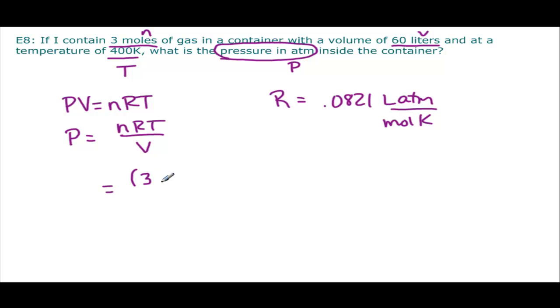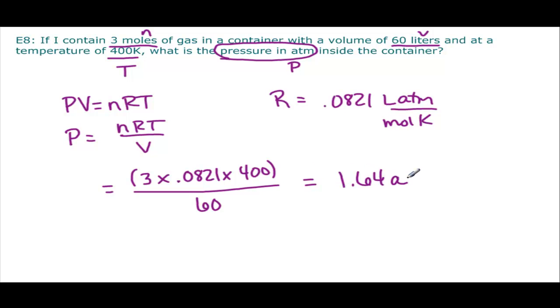So n is equal to 3 times our R value, 0.0821, times our temperature of 400 Kelvin, and we're going to divide that by our volume of 60 liters. When you put all that in your calculator, you get 1.65 atmospheres as your pressure.